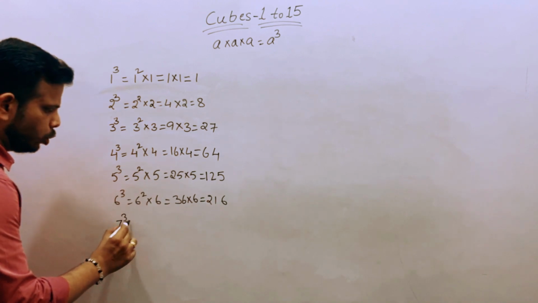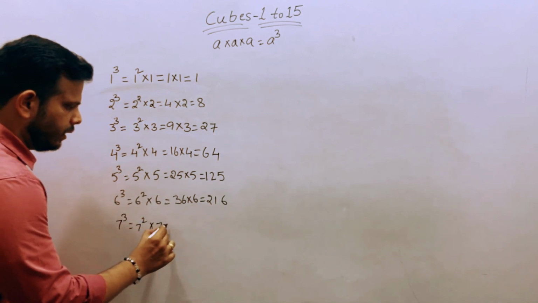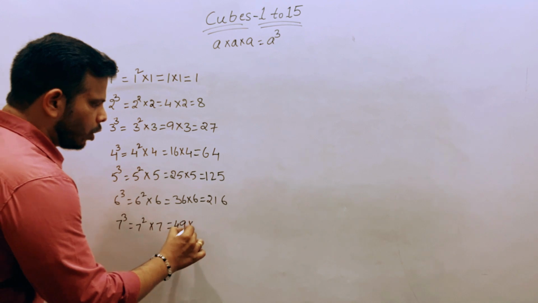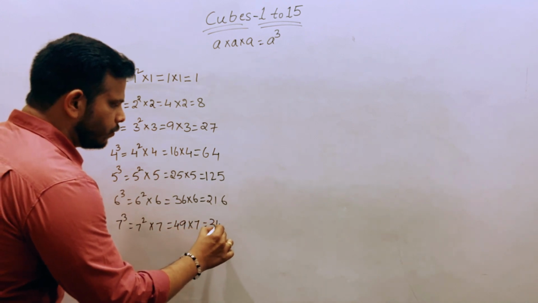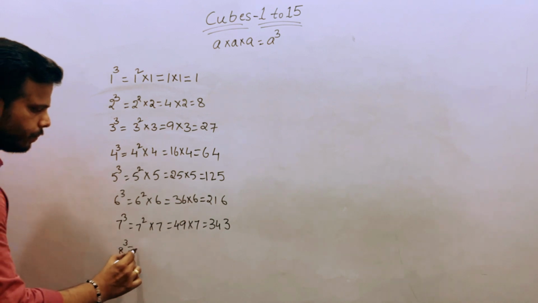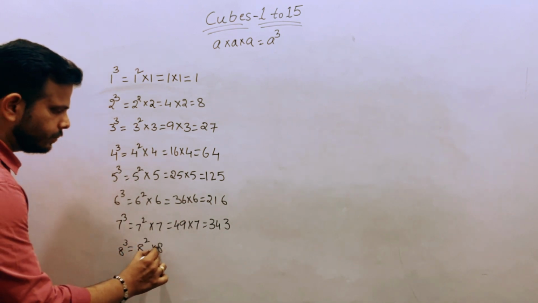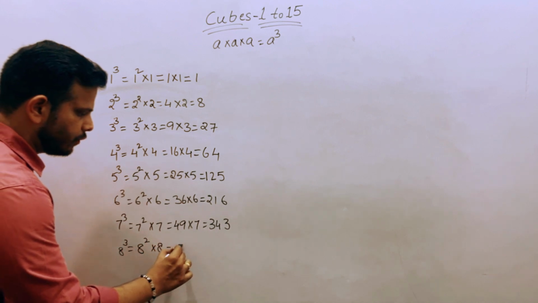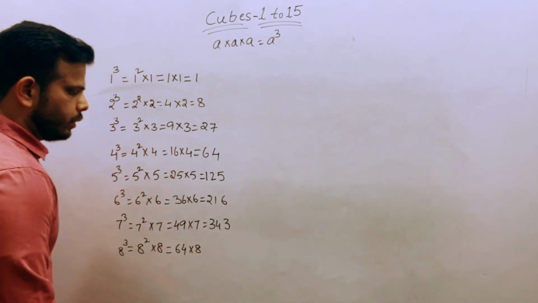7 cube, 7 square into 7, it's 49. 49 into 7, 343. Good. 8 cube, 8 square into 8, 8 8s are 64, 64 into 8.